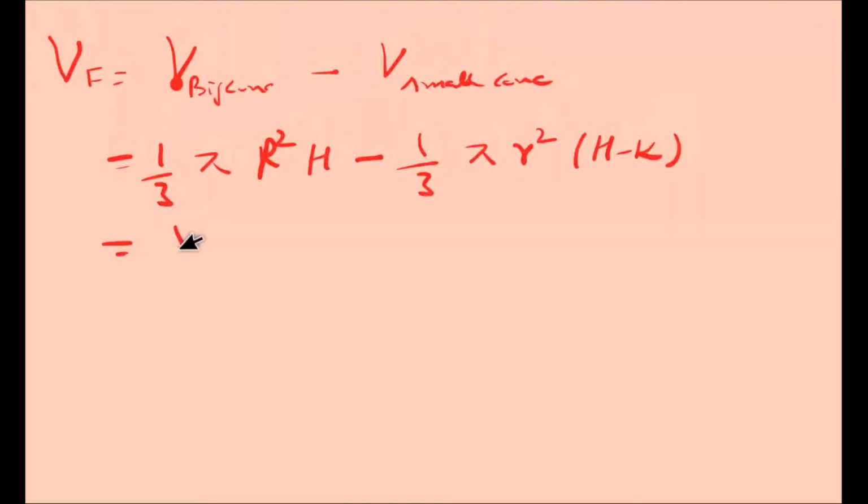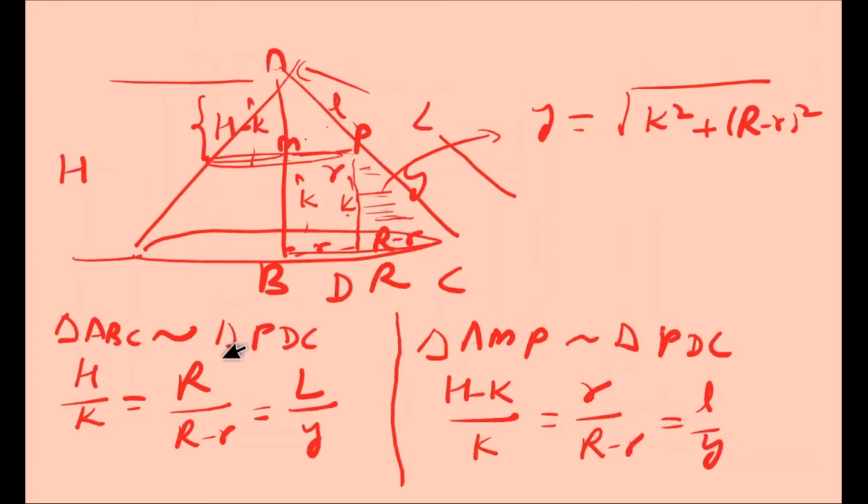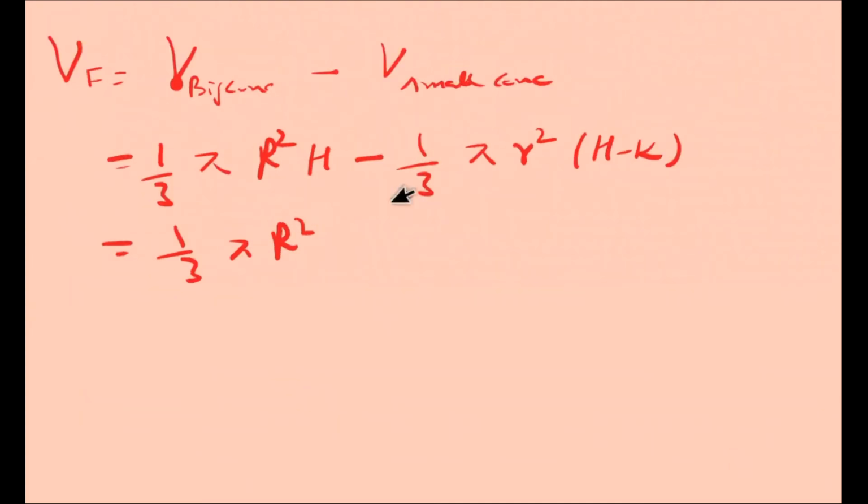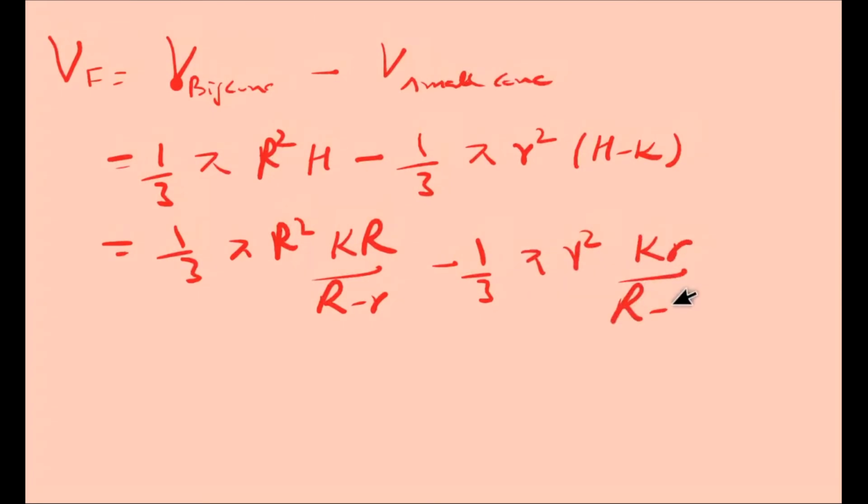Now we will change this h using that ratio. In the previous ratio you can see h equal to kR upon R minus r, h minus k equal to kr upon R minus r. Okay, so we can use here 1 by 3 pi R square kR upon R minus r minus 1 by 3 pi r square k r upon R minus r.